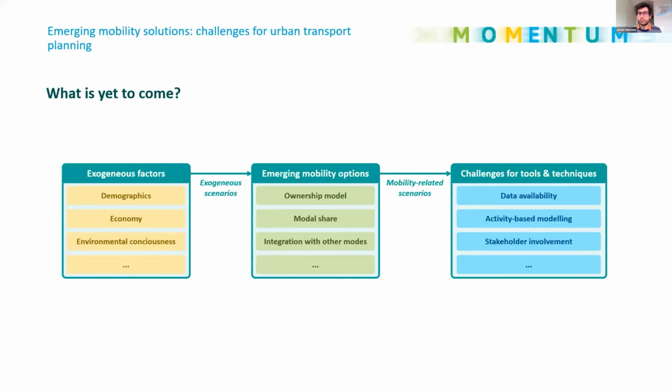Another group of scenarios is what we call mobility-related scenarios, where we set an explicit level of implementation of these emerging mobility options and an explicit modal share, for instance, in order to ask experts what challenges they see that the current tools and techniques will have to face if the emerging mobility options develop in that term.